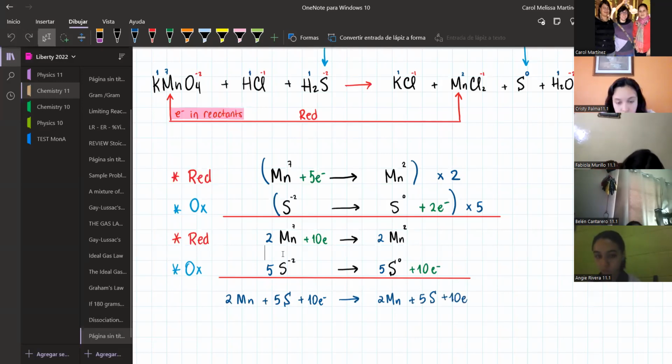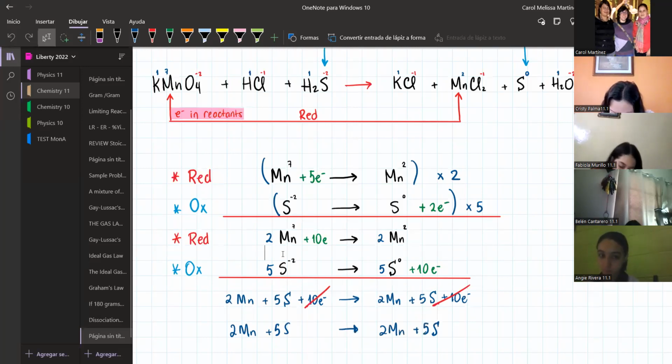You can cancel the electrons from here, so you can skip that part, or you can do it over here. It doesn't matter, in the end, it's the same result. So what is going to be your result? 2 manganese and 5 sulfur, producing 2 manganese and 5 sulfur.